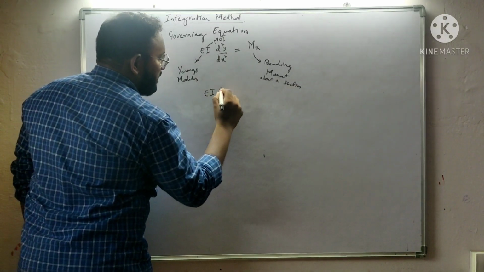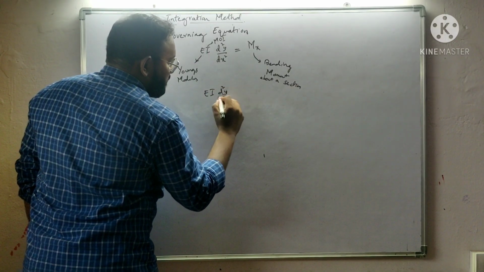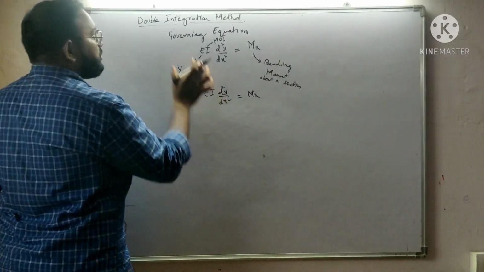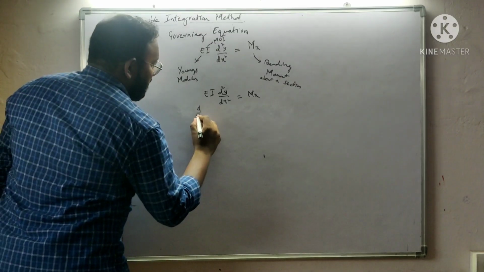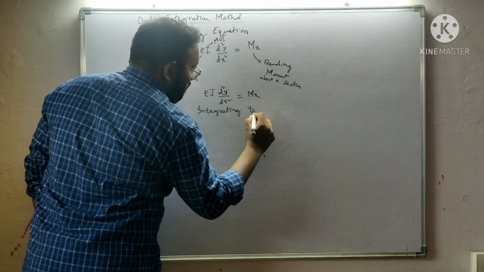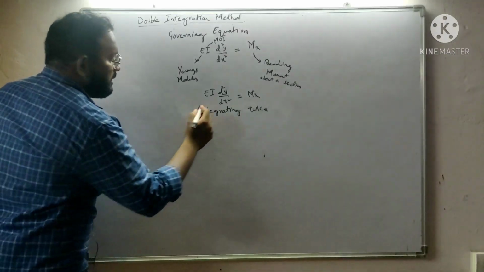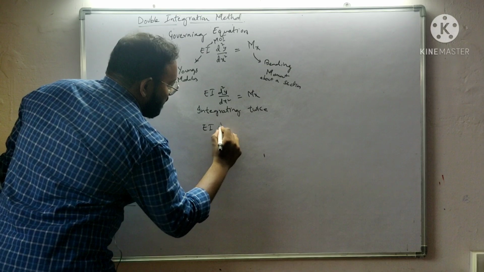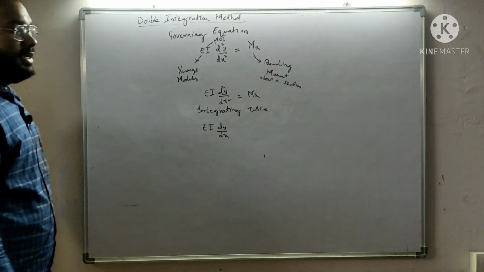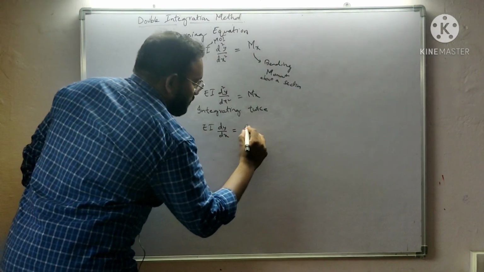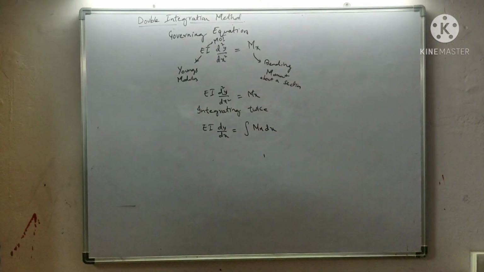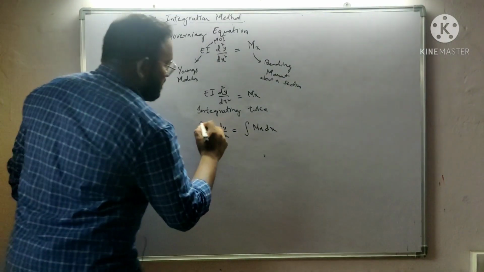Now if you integrate this equation twice, I'm writing it again: EI d square y by dx square is equal to Mx. Integrating twice, so double integration is applied. This equation will become EI dy by dx; d square y by dx square on integration becomes dy by dx, equal to the integral of Mx dx.